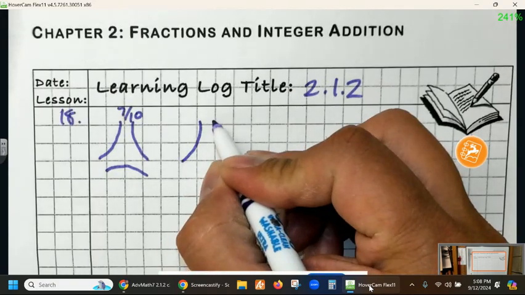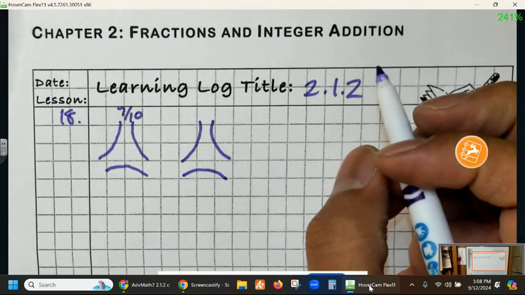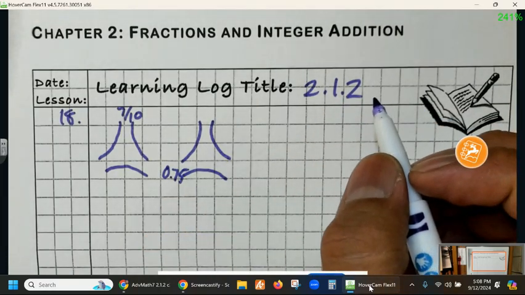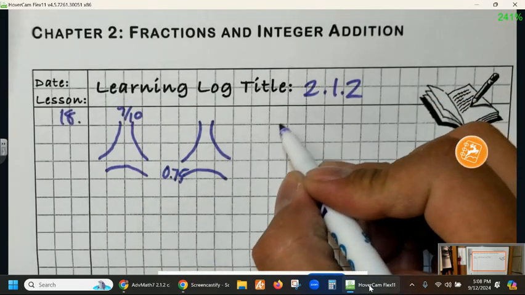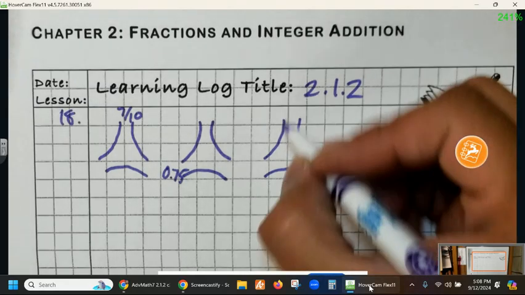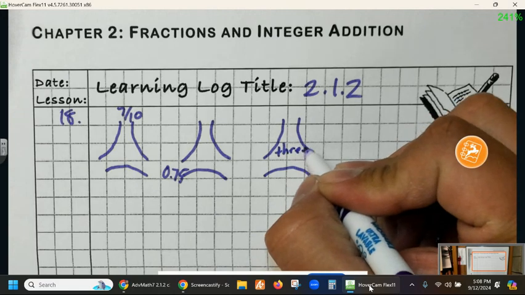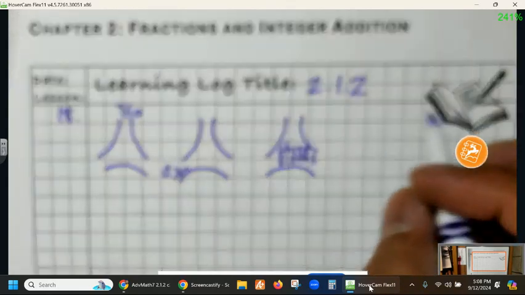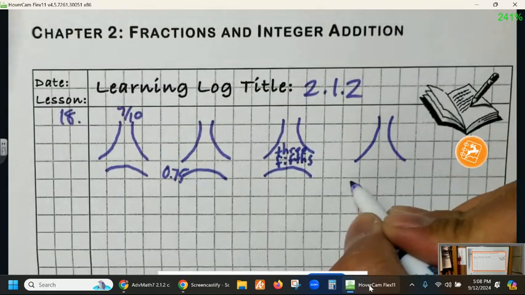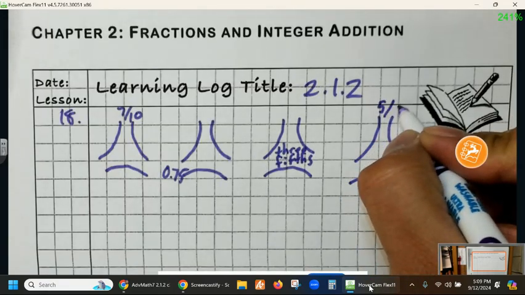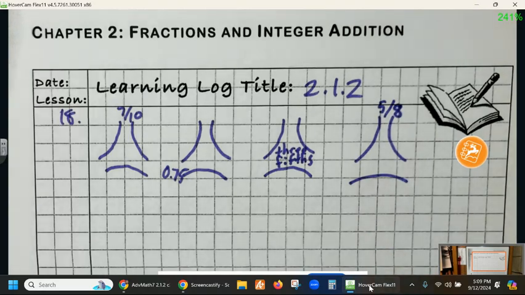The second one will be this decimal, that's a 5. And the next one will be 3/5, and this other one will be that fraction.